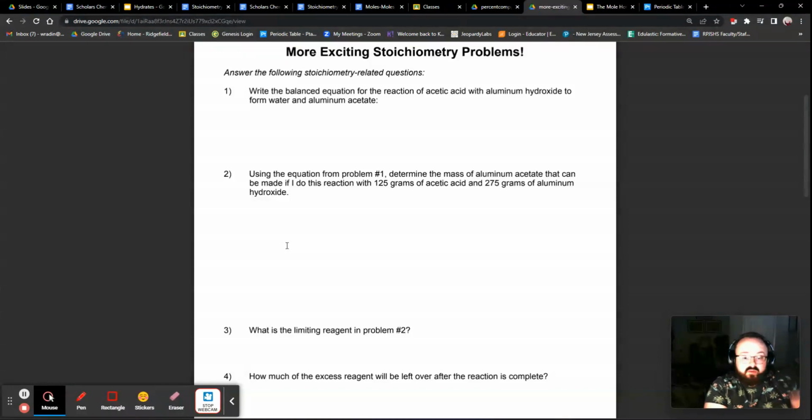And so what we can do with stoichiometry is predict which of our reactants is going to run out, which will produce less product. Because you can't produce more product if you run out. You can't make the 2 million cookies because you're going to run out of butter.